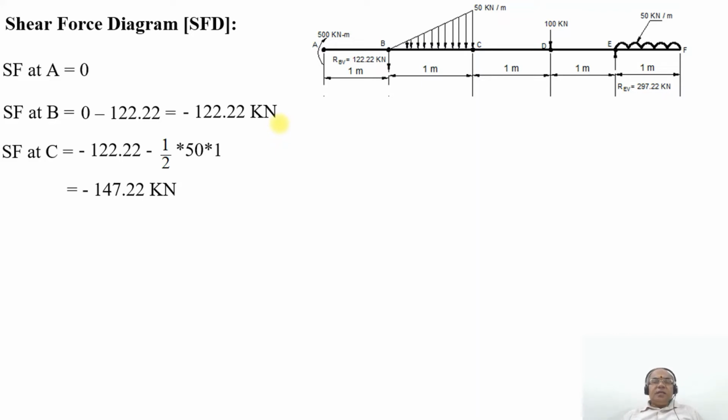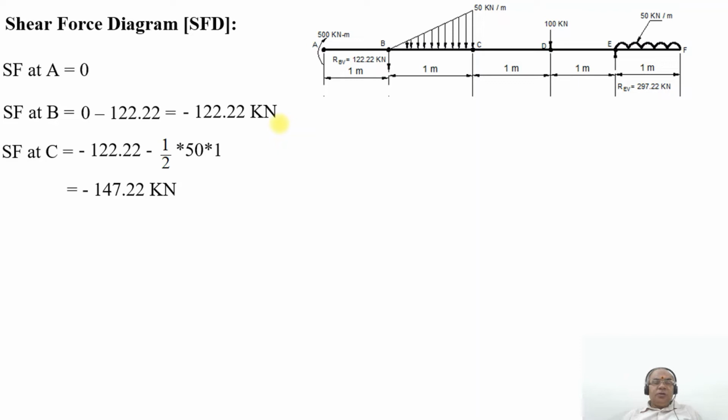As this variation is due to the uniformly varying load, the line joining B and C will be a parabolic curve. Between C and D, the shear force remains constant at minus 147.22 kilonewton, as there is no other load.